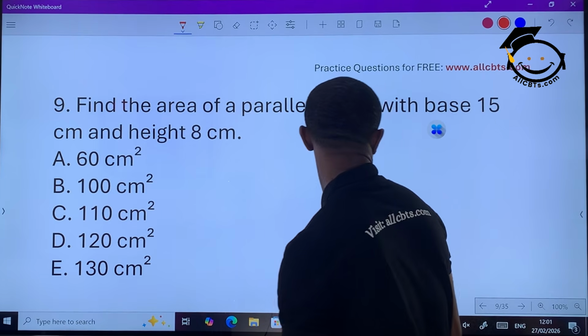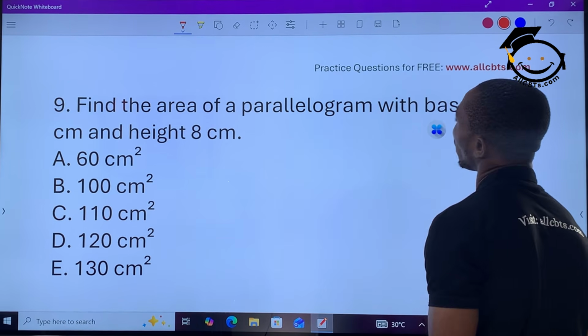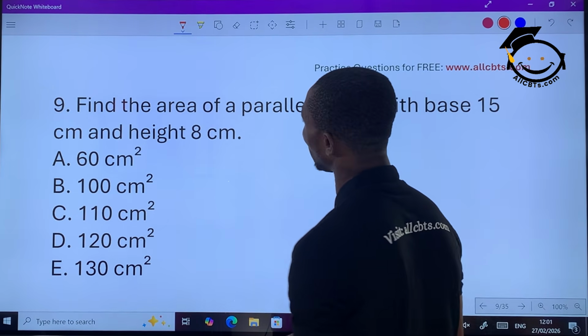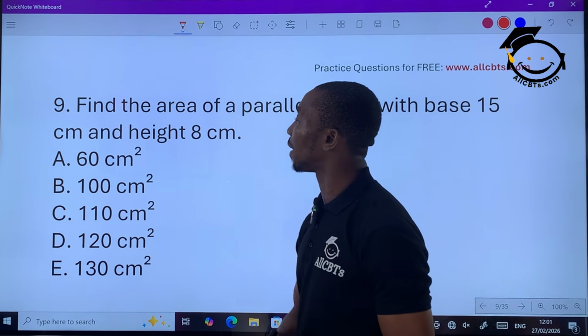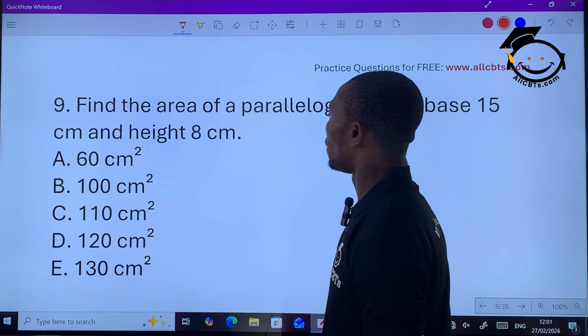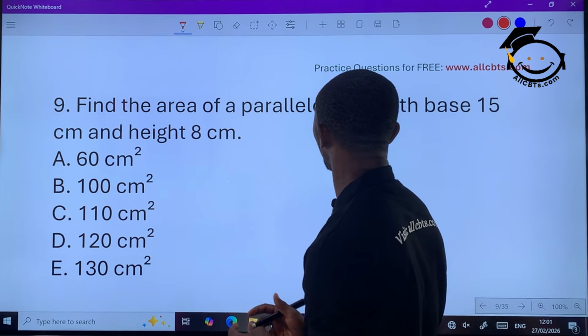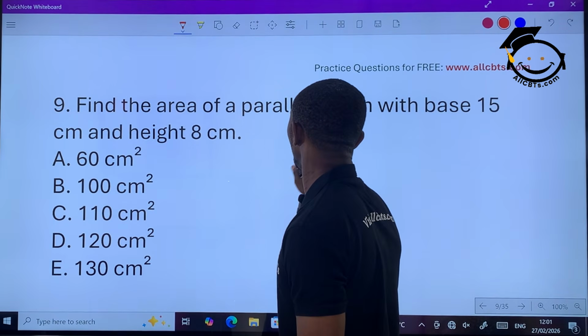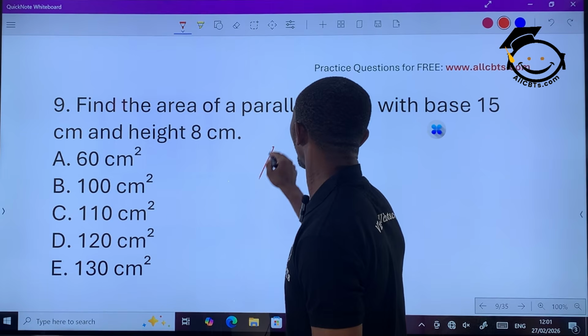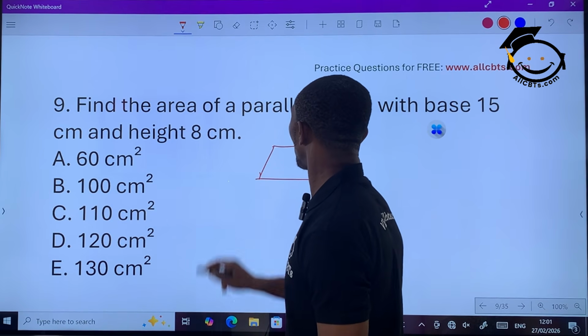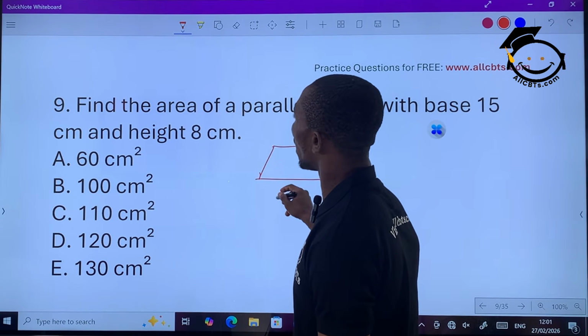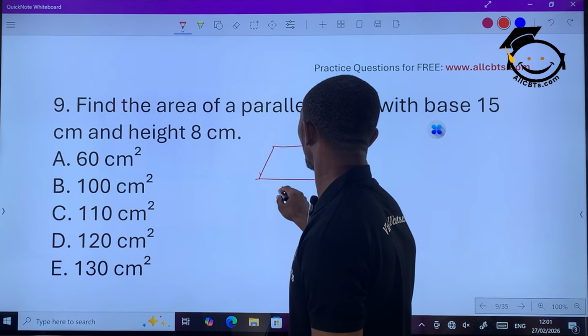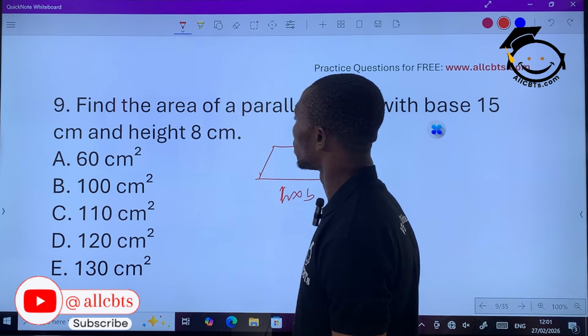Find the area of a parallelogram with base 15 cm and height 8 cm. Now our formula for finding the area of a parallelogram is height times base.